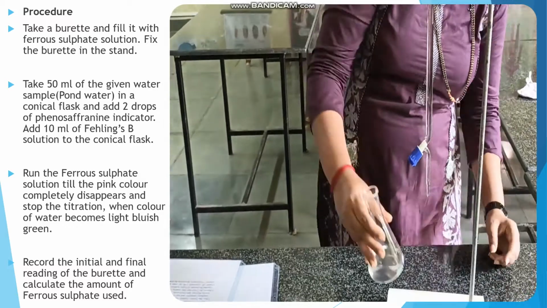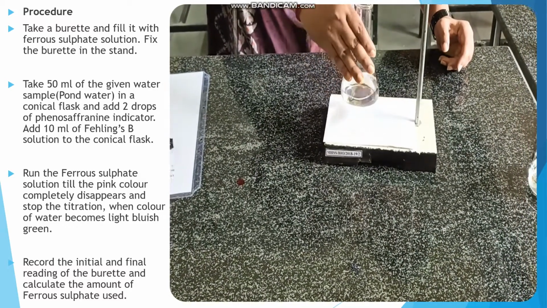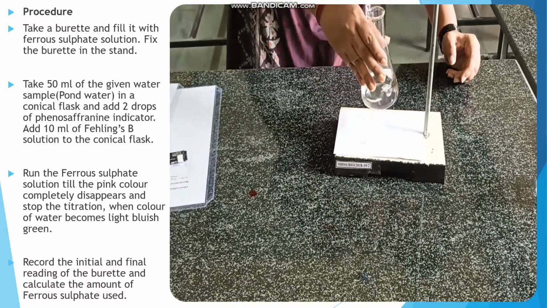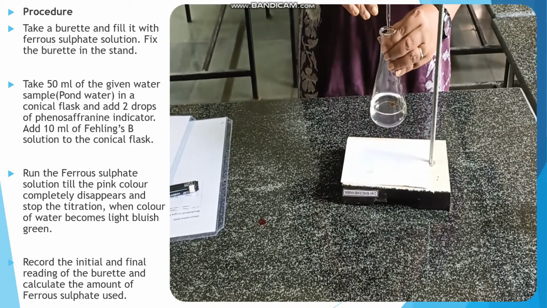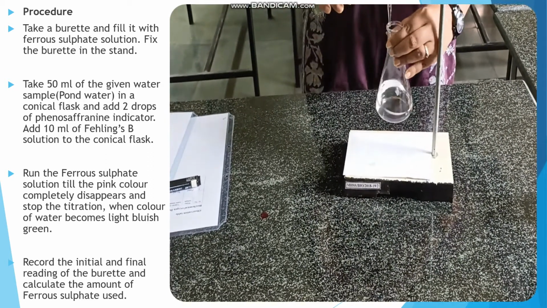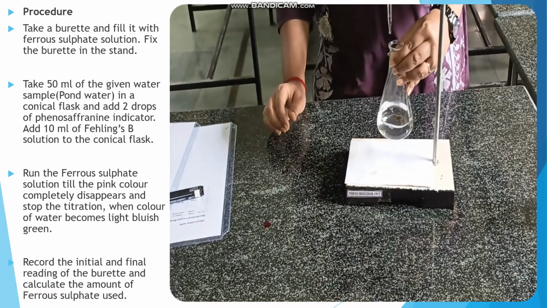Try to observe it against the white background. It is very light greenish color. Still I need 1 or 2 drops. So I am adding it and I will stop here.